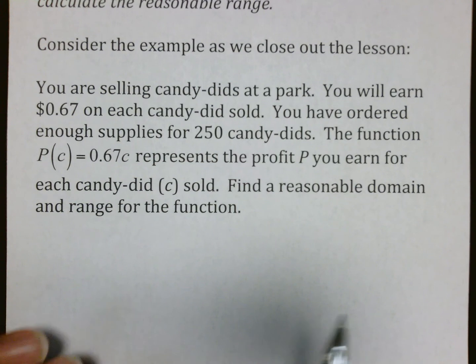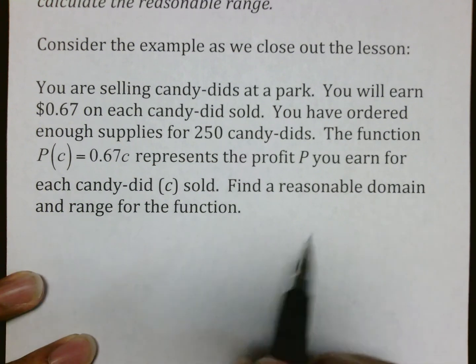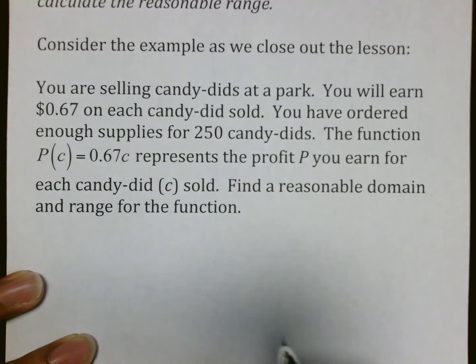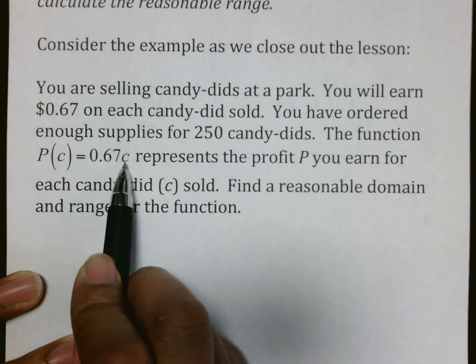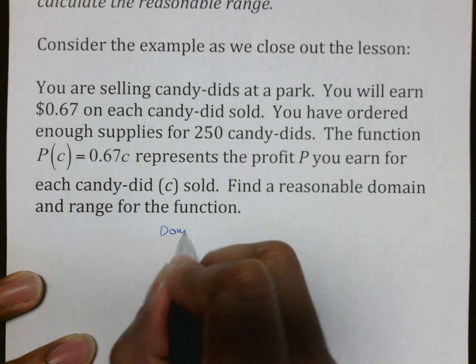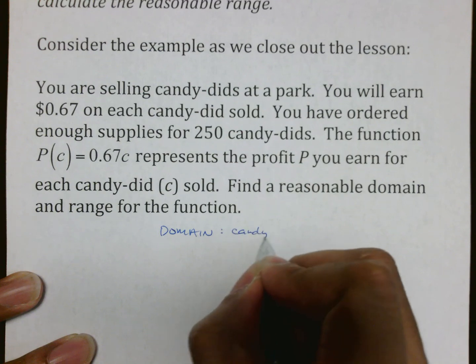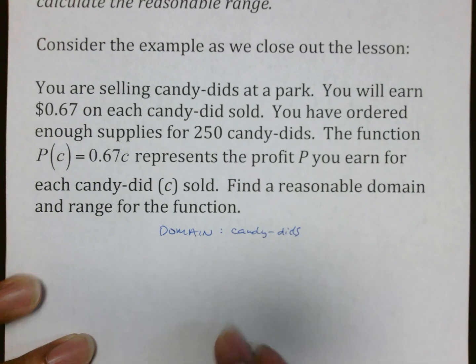So what we're looking at here is, again, domain and range. Domain goes in, and the number that we would be plugging in is C. So again, in terms of domain, we are looking for the number of candidates that we can sell.